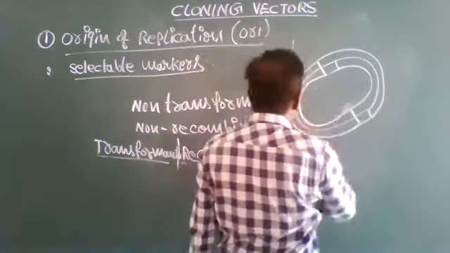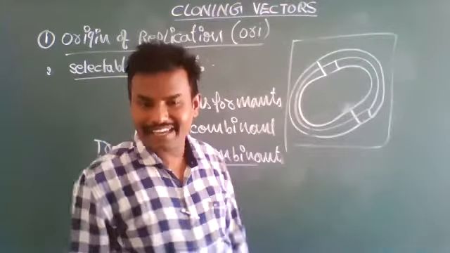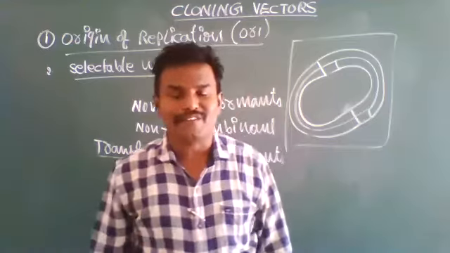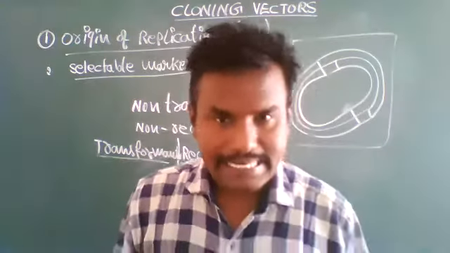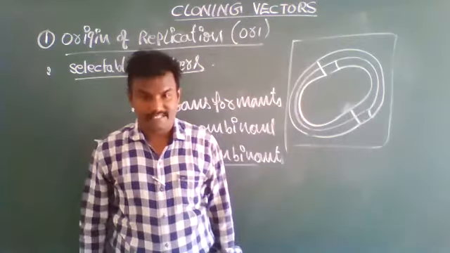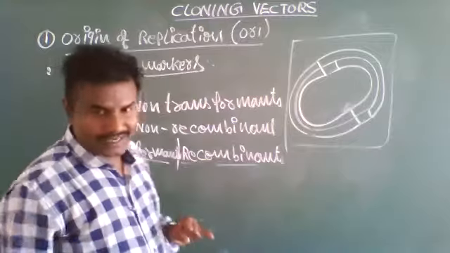Then it is transferred into the E. coli bacteria, where it can be multiplied and produce multiple copies of the desired DNA or gene of our interest. That is what selectable markers do.